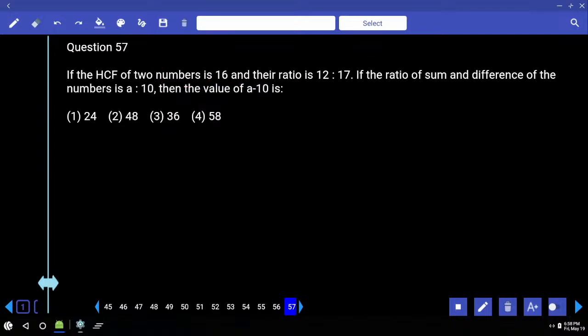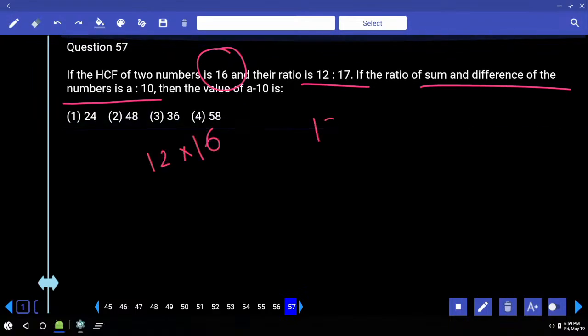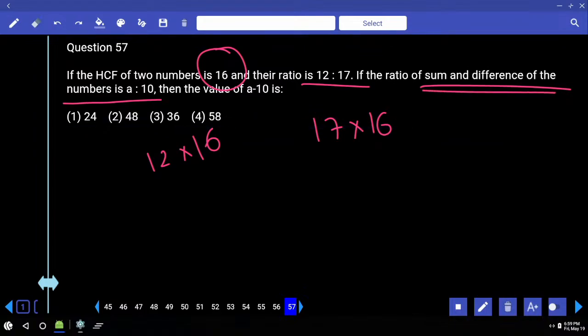If the HCF of 2 numbers is 16 and their ratio is 12:17, the ratio of sum and difference of their numbers is A:10. If the HCF is 16 and the ratio is 12:17, the numbers will be 12 into 16 and 17 into 16. Ratio of sum and difference of the numbers is, sum is 29 into 16 and difference is 5 into 16.